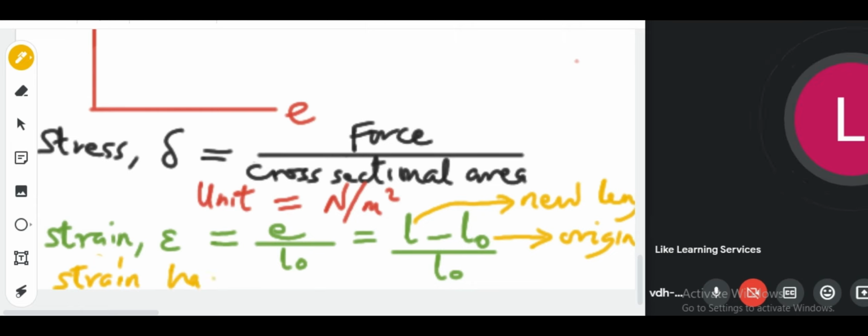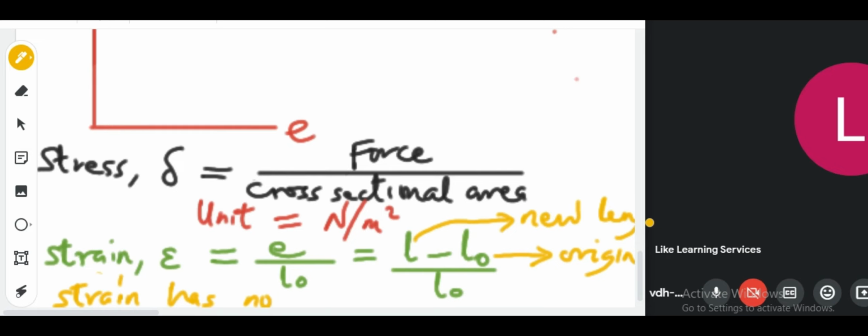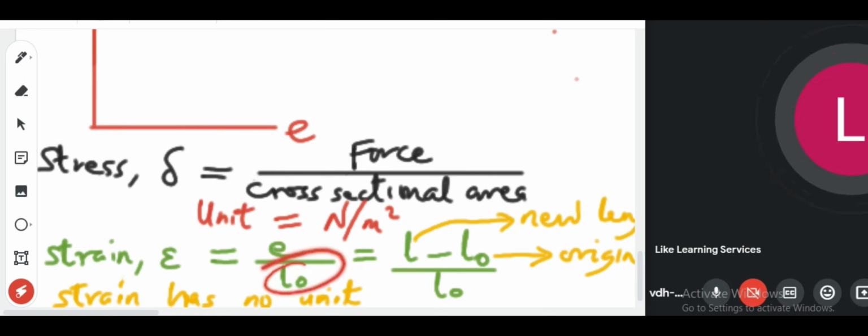Strain has no unit because the units cancel out. The unit of extension is meter, SI unit, the unit of original length is meter, so they will all cancel out.